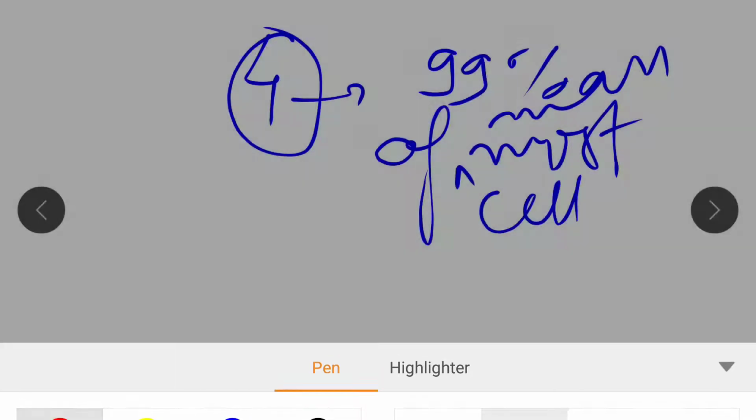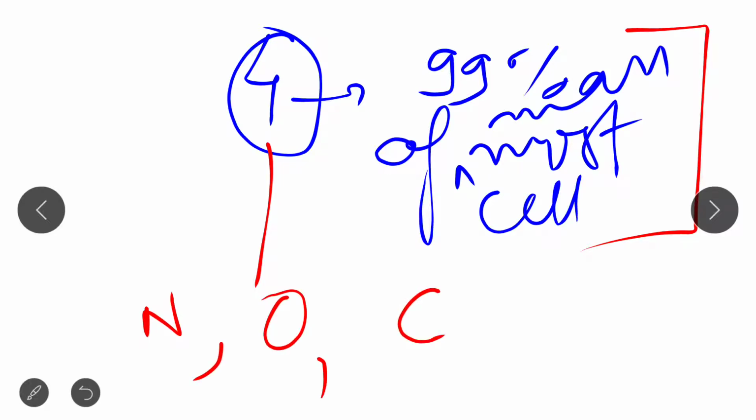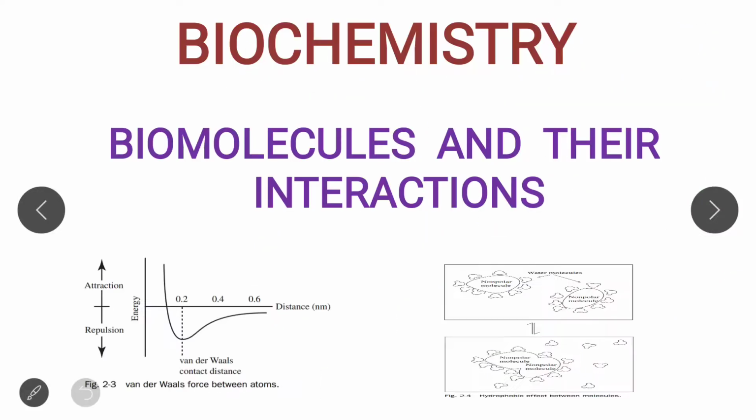These 4 elements are nitrogen, oxygen, carbon and hydrogen. So these 4 elements make up over 99% of the mass of most cells. These 4 elements are very important from the biomolecules perspective.